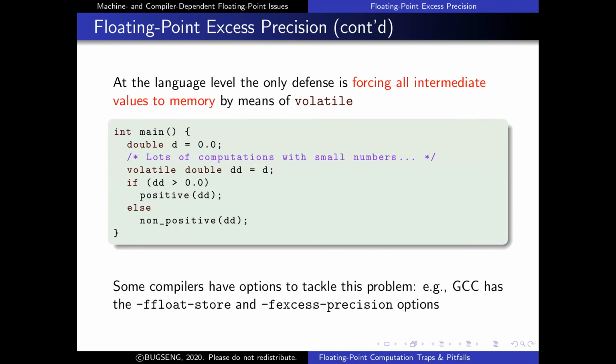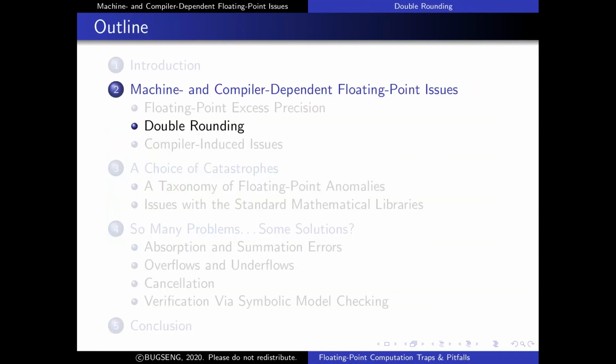Some compilers have options to tackle this problem. For example, in GCC, there are the float-store and excess-precision options that allow you to obtain the desired effect.